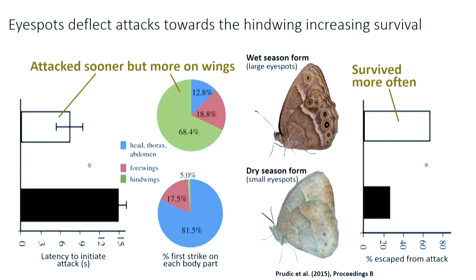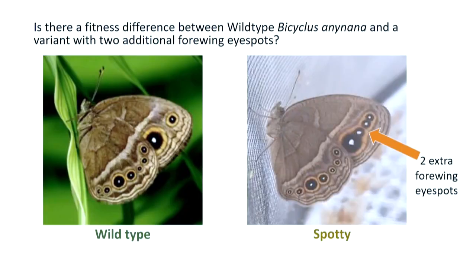But while they attack the butterfly, because they focus on this part of the body rather than the head and the thorax, the survival of the butterflies with eye spots is increased, and they lay more eggs and so forth. So when we were trying to understand why we have more eye spots in general on hindwings and fewer on forewings, we made use of this spontaneous mutation in our lab colony called Spotty.